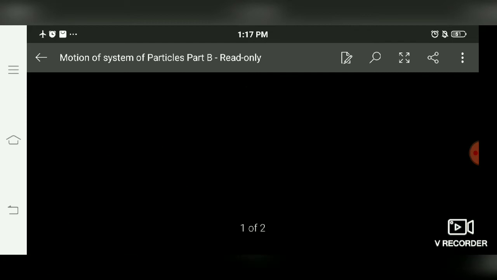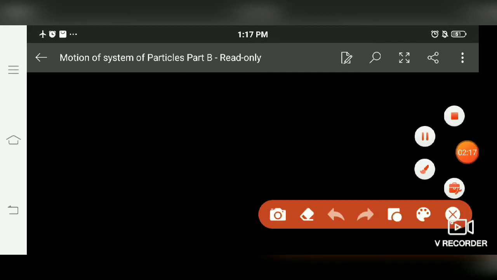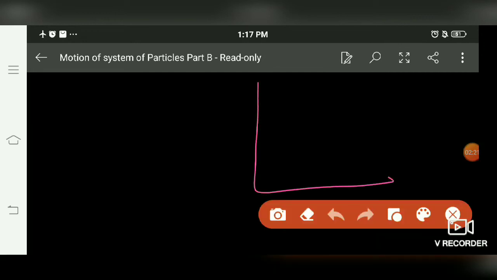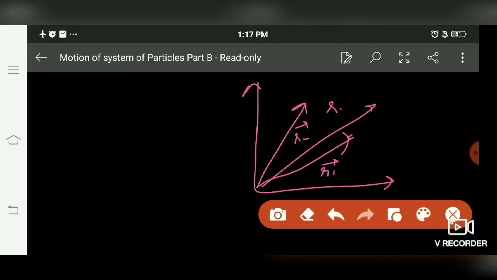Now if we extend this to a system where rather than 2 I have n particles, then the first position vector is r1 vector, for the second it will be r2 vector, for the third r3 vector, for the fourth r4 vector, and for the nth it will be rn vector.